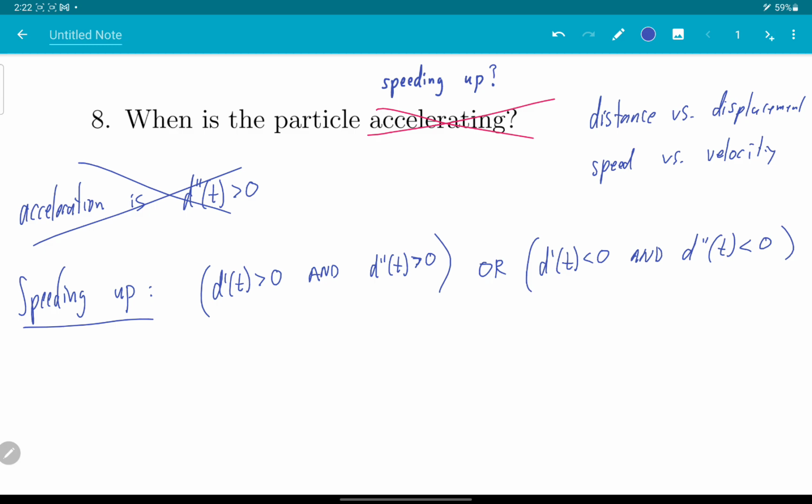Okay, so let's look at the second derivative. Found above, d double prime of t is 18t times t squared minus 27, all over t squared plus 9 cubed.